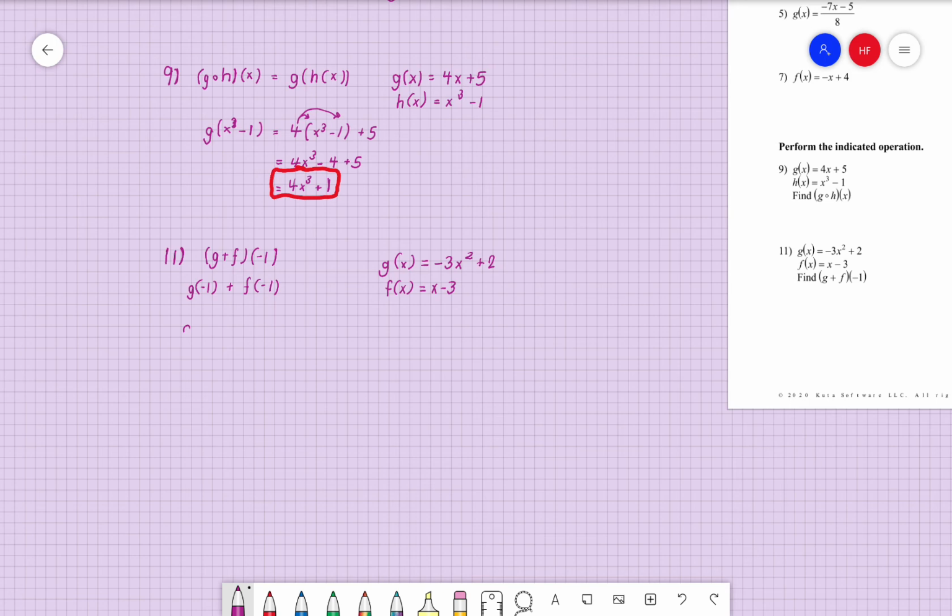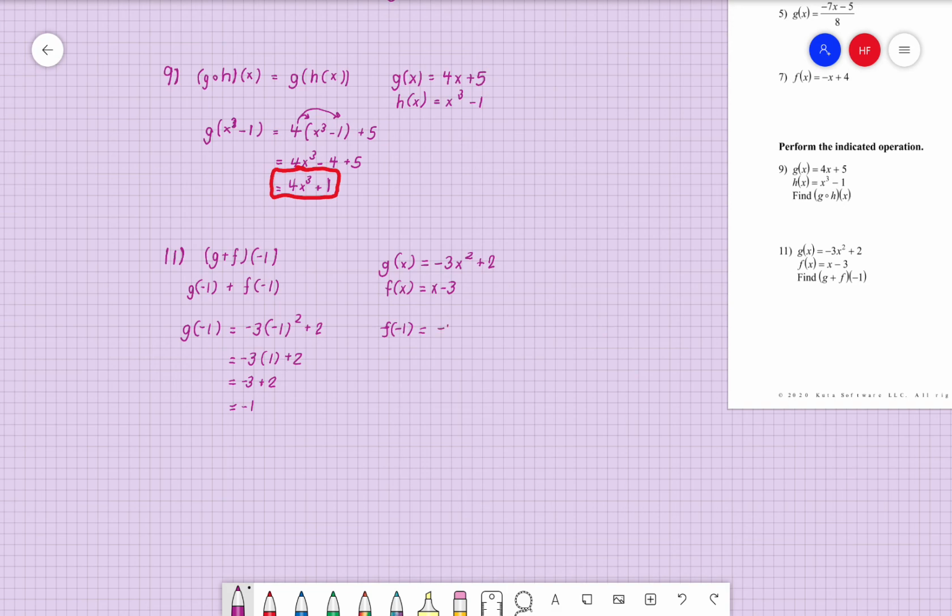So I'm going to start with g evaluated at negative 1. So negative 3 times negative 1 squared plus 2 is negative 3 times positive 1. We got negative 1 times negative 1, and then plus 2, which is negative 3 plus 2, which is negative 1. Then I'm going to take f of negative 1.